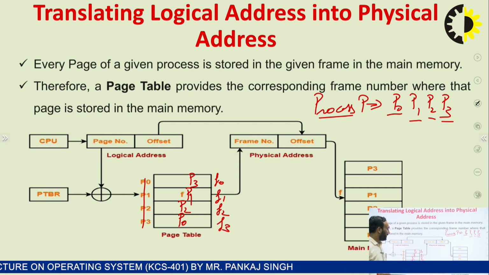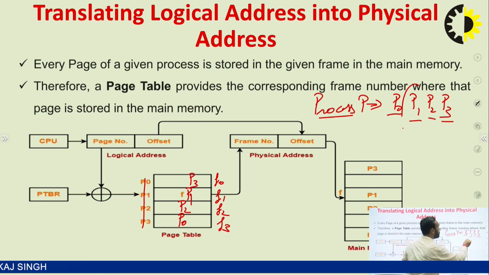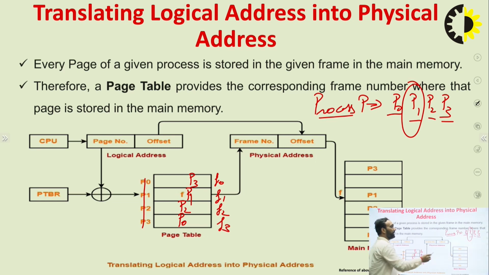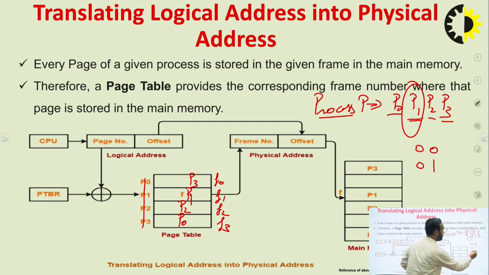So how will it find the concerned page number? For example, if the CPU requires only a part of the code written in page number 1, it will request only page number 1. We have only 4 pages, so what will be the binary representation? For the first page it is 00, for the second page it is 01, for the next page it is 10, and I write here the page number.